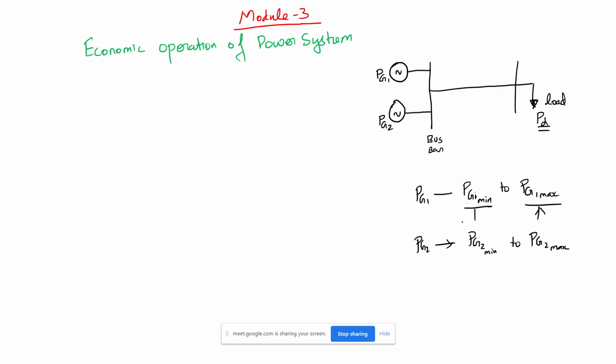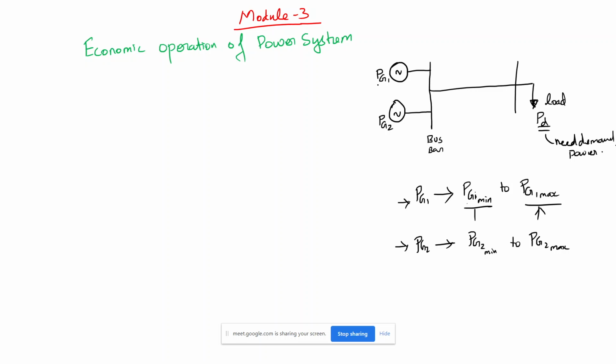So these are some constraints. With these constraints, what does that mean? Limitation, or subject to. Subject to these limitations, I need to supply the needed demand of power.